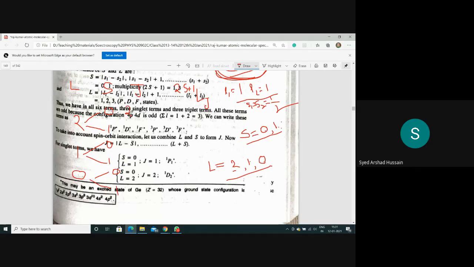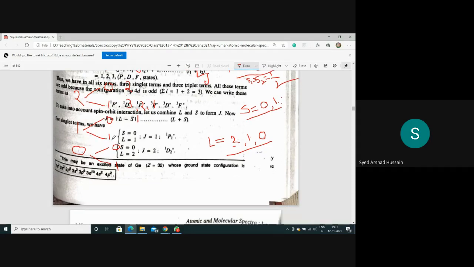So J will have only one value, 2. Similarly here 2 plus 1 is 3 and 2 minus 1 is 1, so the middle value will be 2. So 3, 2, 1. Here 1 plus 0 and 1 minus 0 are the same, 1. 1 plus 1 interaction gives 2, 1, 1 minus 1, 0, so 2, 1, 0.